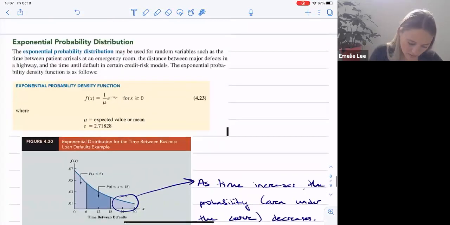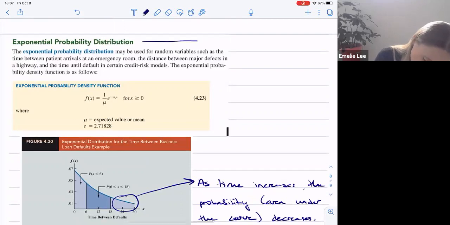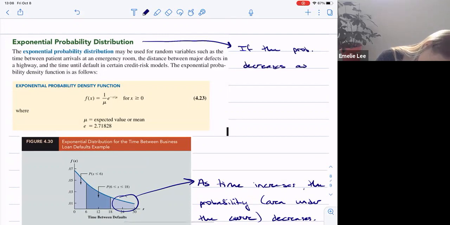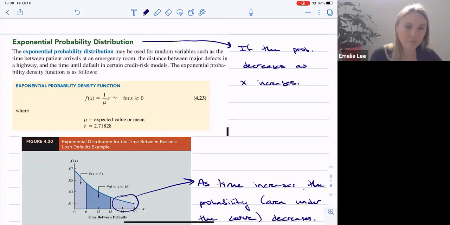Here I'll make a note that in general, you're going to have an exponential probability distribution if the probability decreases as X increases. It's got this exponential quickness of decreasing, but that's okay.